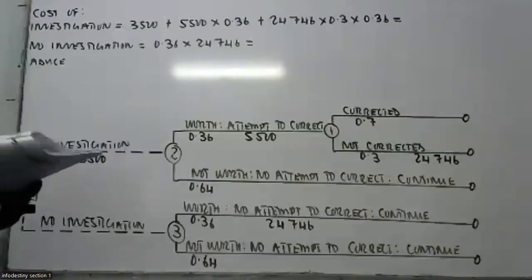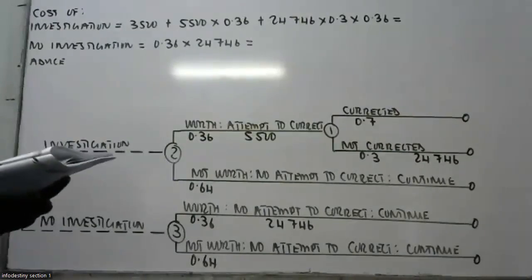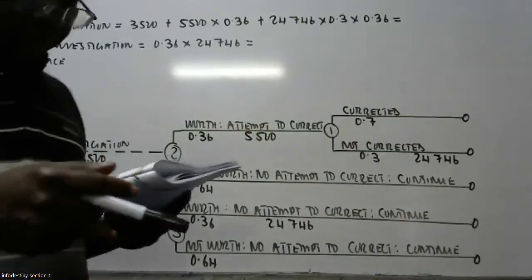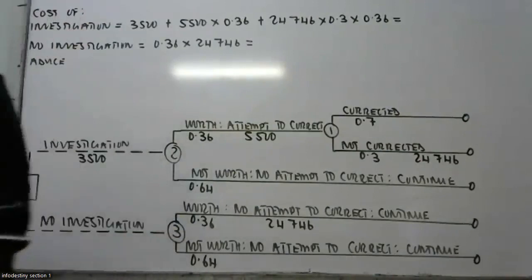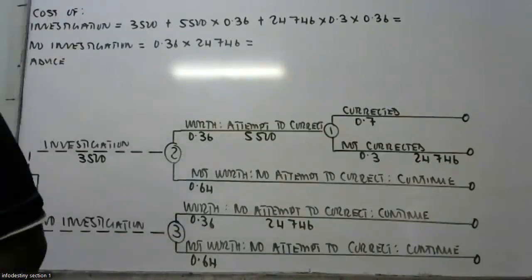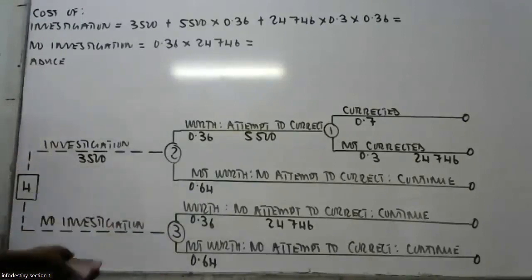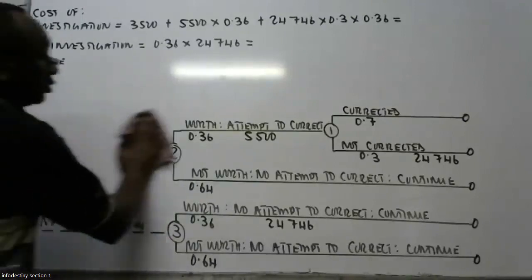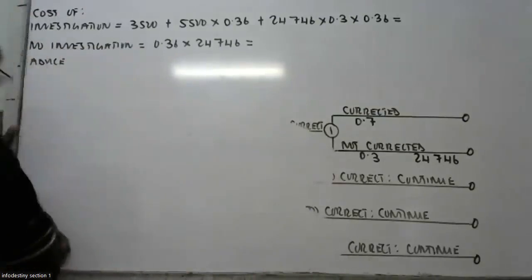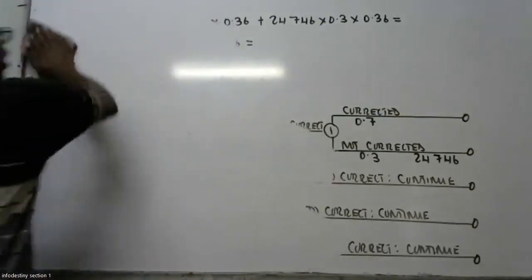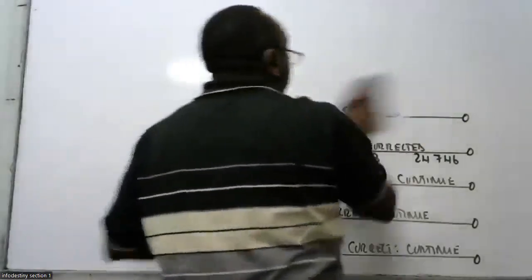Okay, so now I want us to end the lesson with drawing a reconciliation statement. Now that we have computed those variances, we now show how to reconcile. How to draw a reconciliation statement.